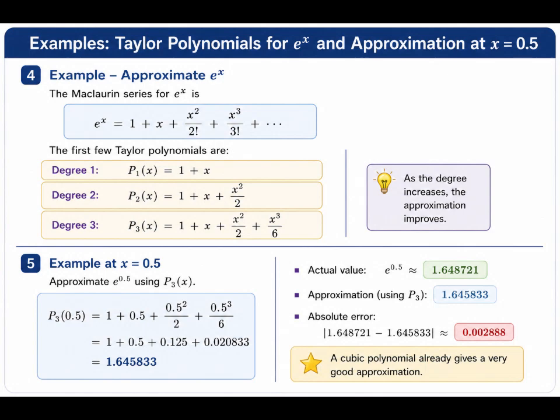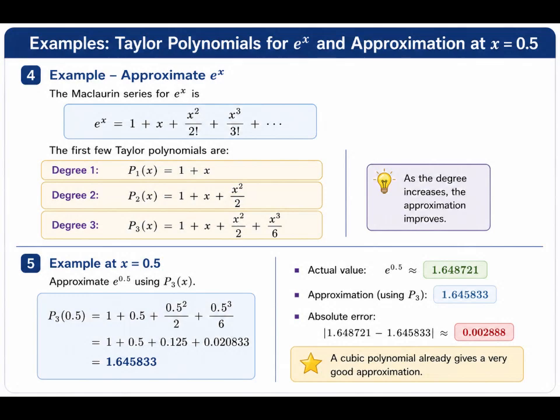From this infinite series, we can construct Taylor polynomials of different degrees. As you can see, the degree 1 polynomial gives us a simple linear approximation. Moving to degree 2, we add a quadratic term, and for degree 3, a cubic term. Each additional term captures more information about the function and generally improves the approximation.